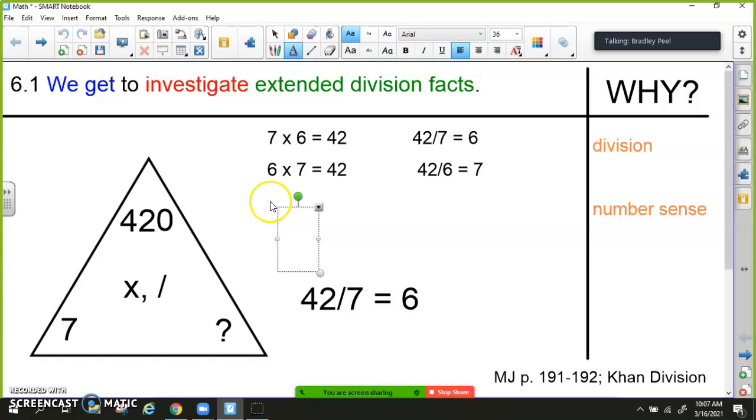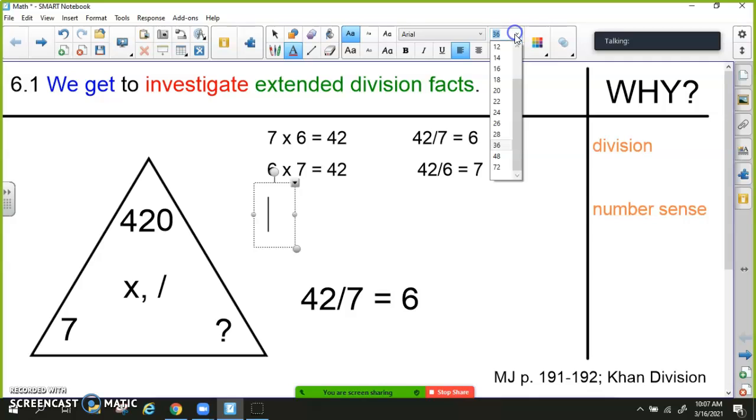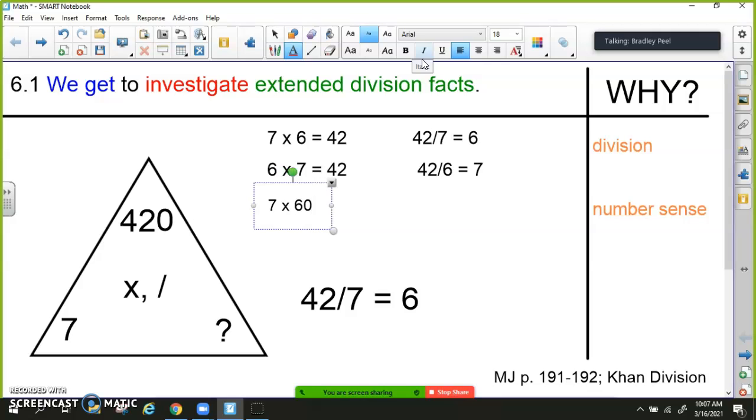Now with these extended facts, when we have 7 times 60 equaling 420, we're replacing that 0 back onto the end there. We also can look at this in the same way in division.